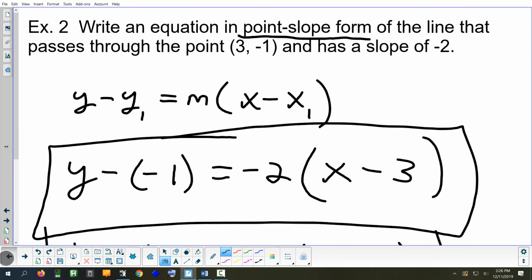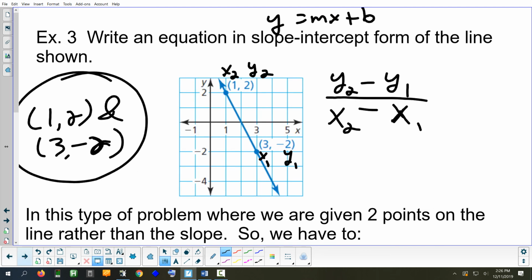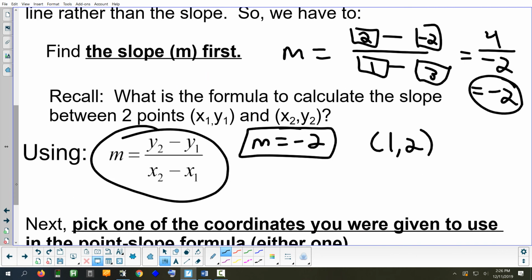Look at the first problem we did. Slope and a point. You're given 2 things.